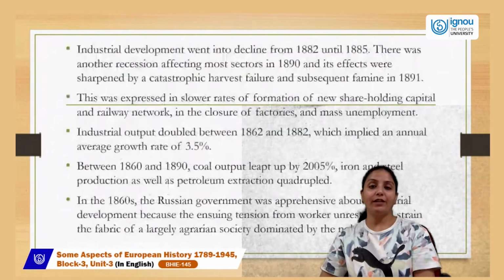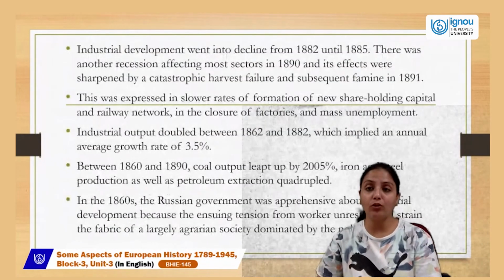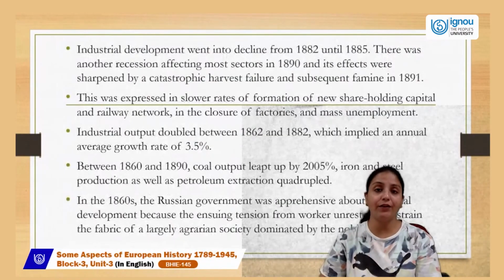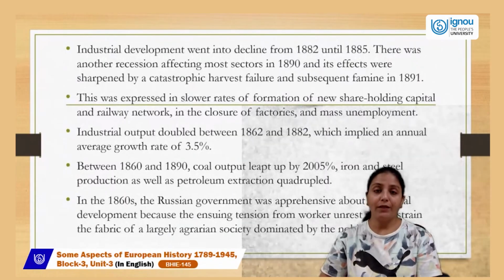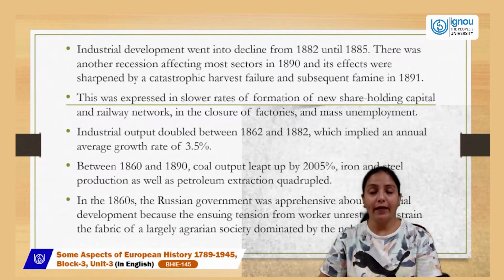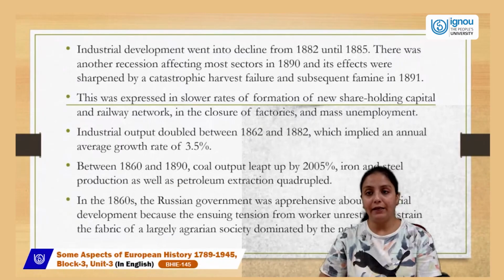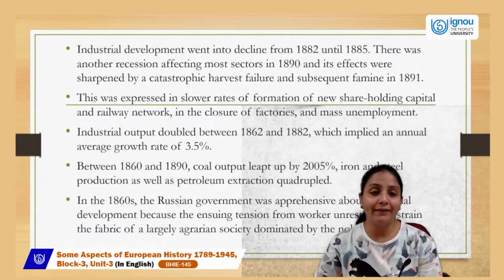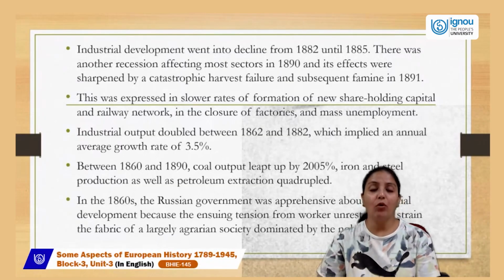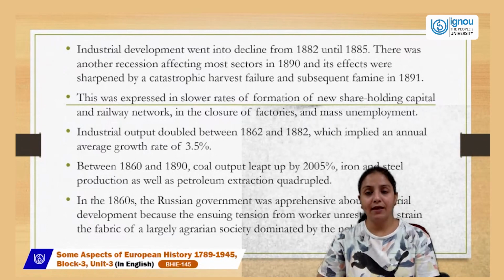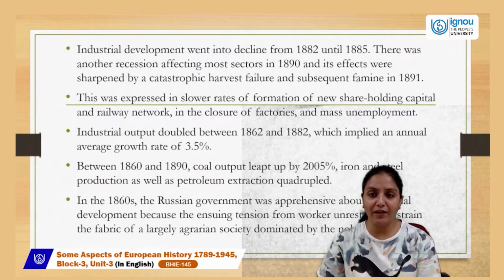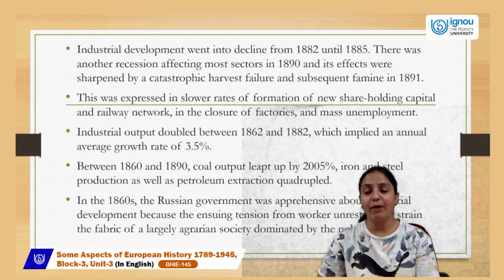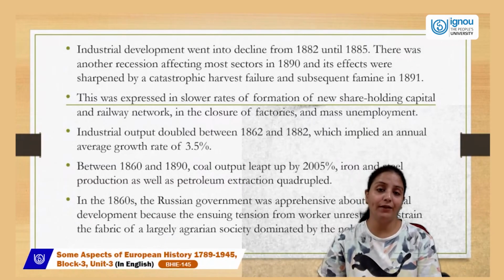Industrial development went into decline from 1882 until 1885. That is very important, so listen carefully, students. There was another recession affecting most sectors in the 1890s, and its effects were sharpened by a catastrophic harvest failure and subsequent famine in 1891.